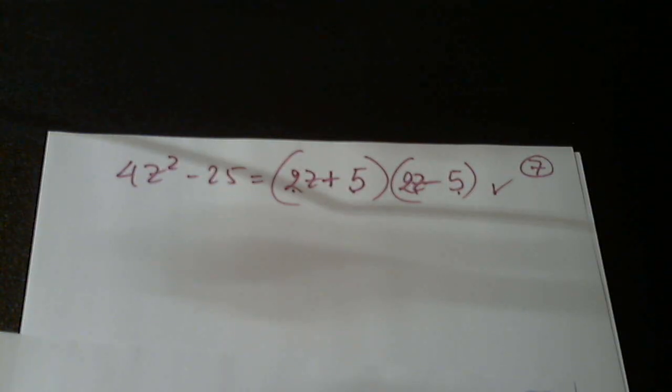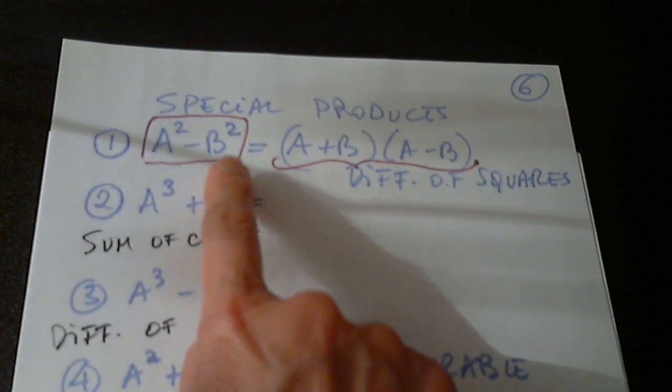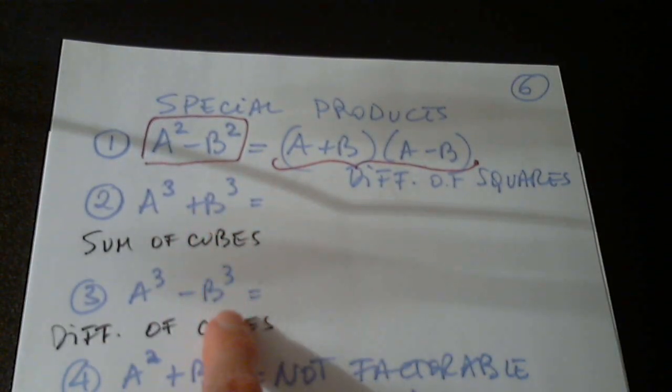It's a binomial, but which special product? Difference of squares, sum of cubes, difference of cubes, sum of squares. Sum of squares, which is not factorable. Exactly.